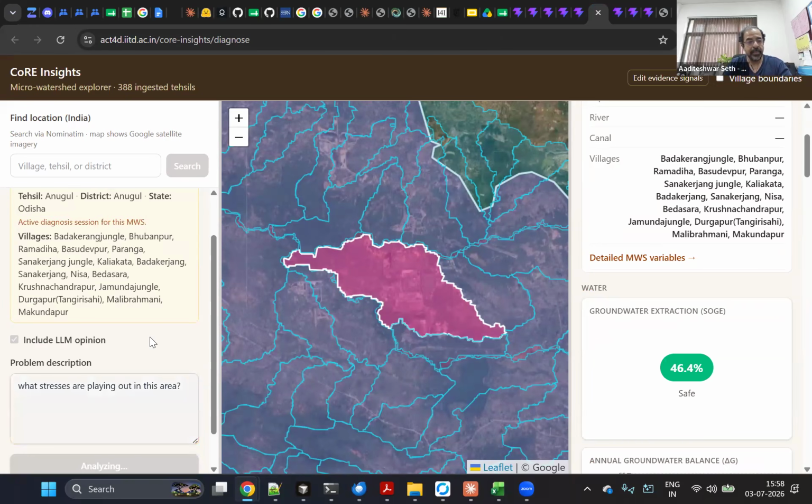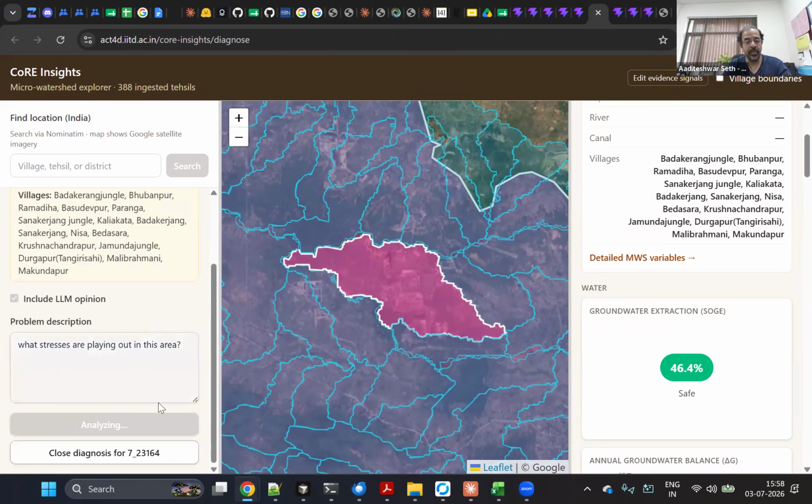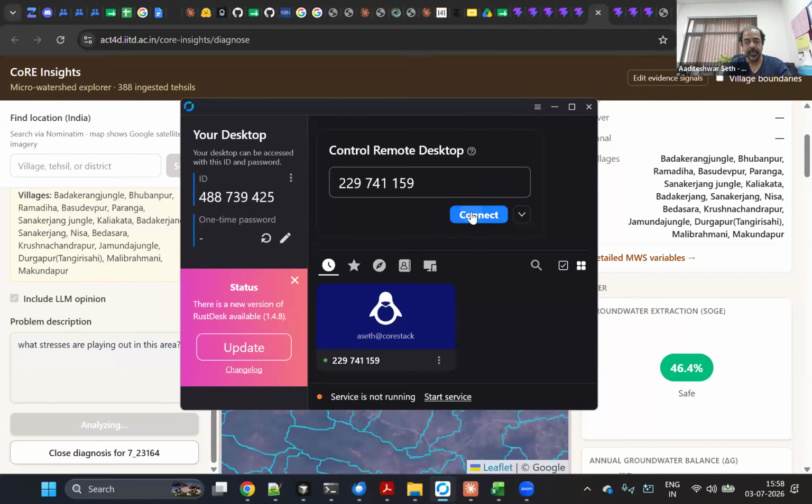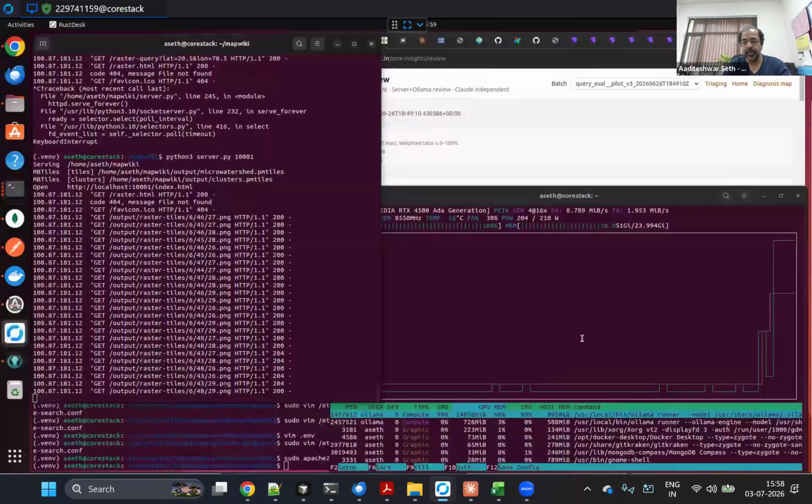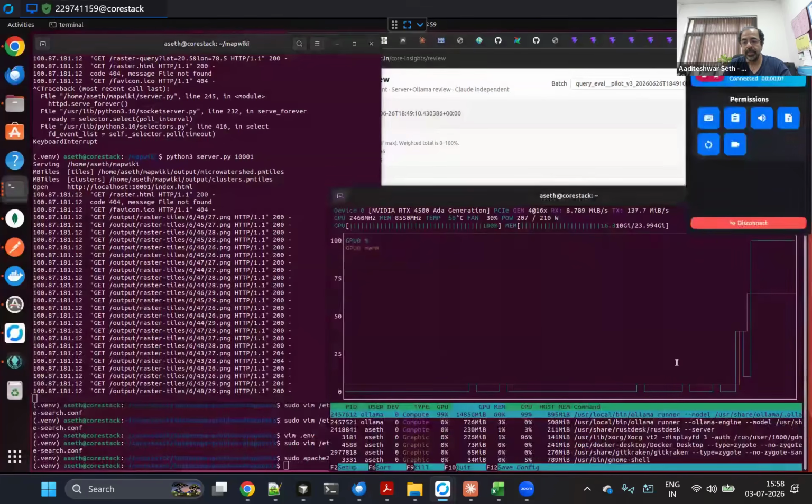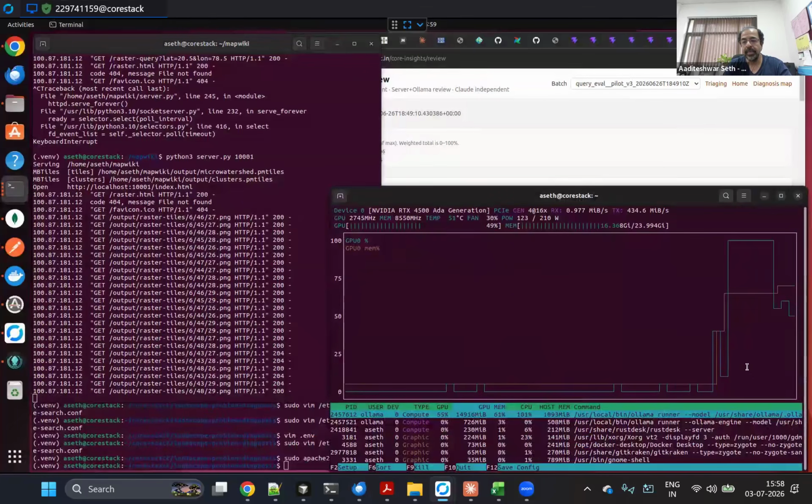Then this is going to a locally running LLM. This goes to a workstation which pulls up a local LLM into the GPU, and it's now running this. So this is not Claude, but if this were Claude, it would be an API that goes to Claude.